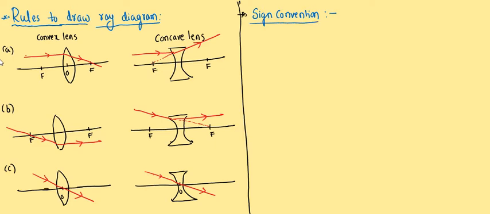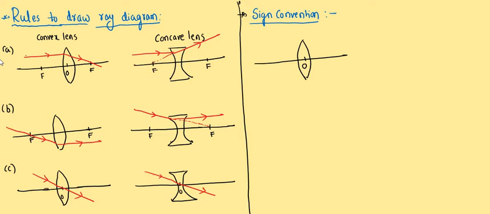Let us see here. For example, this is the convex lens, and this is the optical center, right? Generally, the object is taken on the left side. All the distances are measured from the optical center.